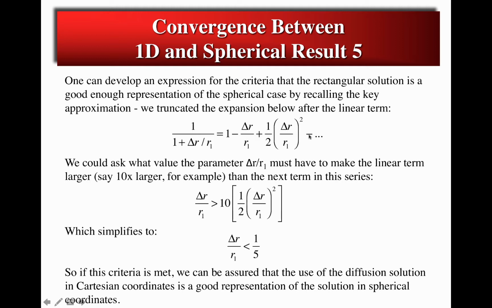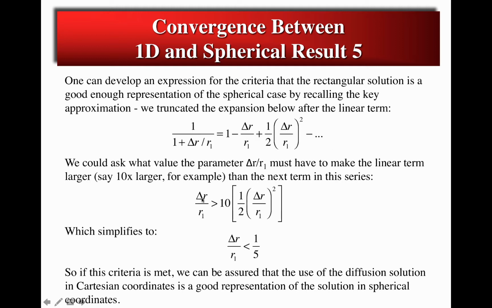And the way this works with the Taylor series expansion is that delta R over R1 is less than 1. The next one is delta R over R1 squared, so that by necessity is a smaller term than this one. The next term will be delta R over R1 cubed, and that'll be smaller than this one, and so on and so forth.